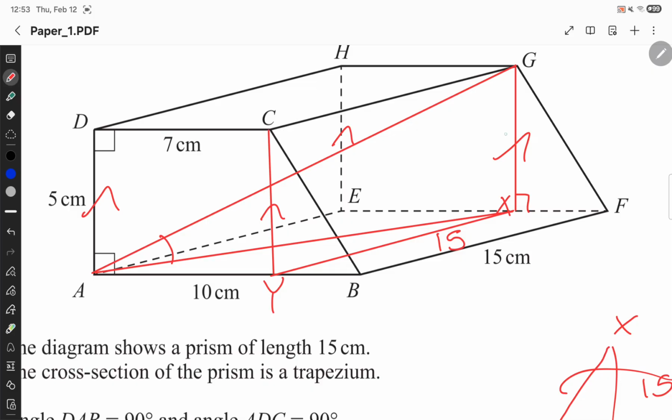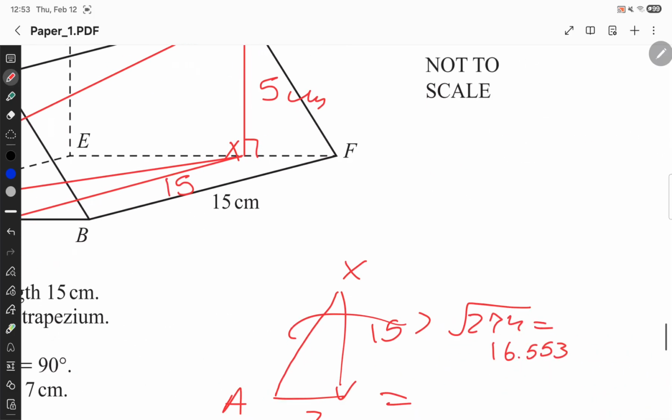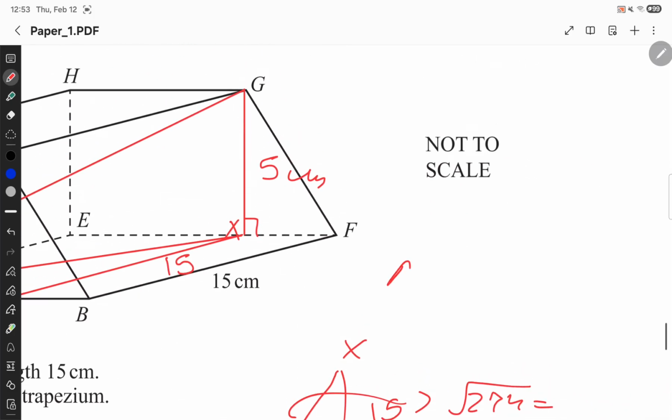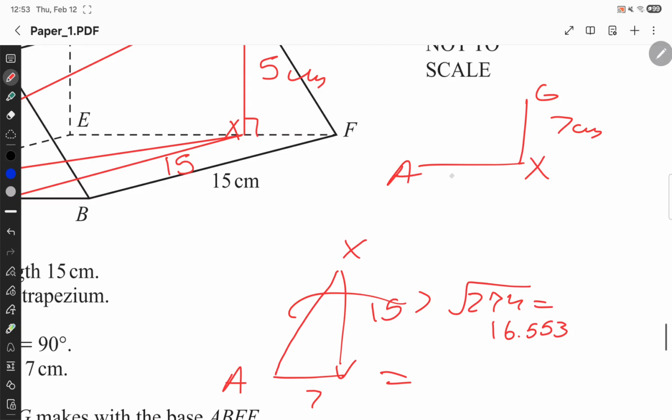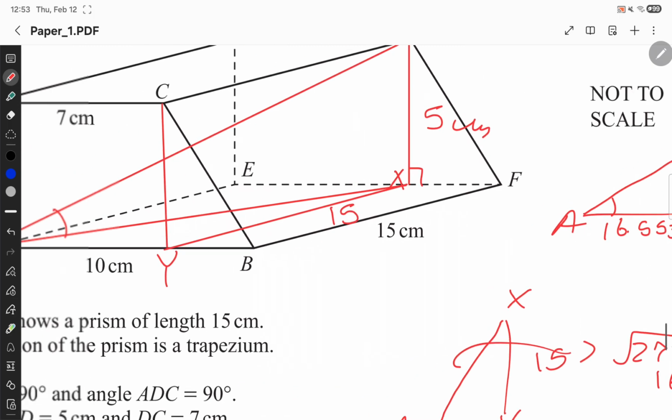So meaning this is also 5 centimeters. Okay, GX 5 centimeters. So we can use the triangle AXG as 7 centimeters, and this value that we found, which is 16.553. Now the question asks for this angle right here, like we said.